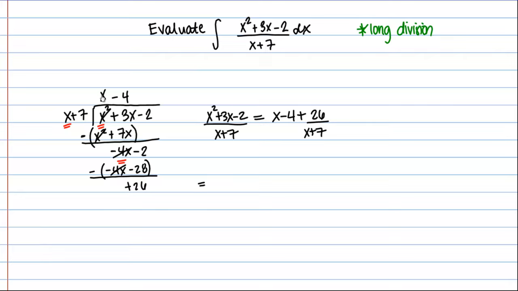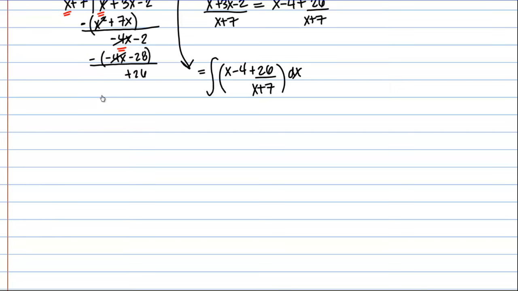So I can say that my integral from before is equal to the integral of x minus 4 plus 26 over x plus 7. And that is something that I can evaluate pretty straightforwardly. So the antiderivative of x, of course, is just 1/2 x squared. And then I have a minus 4x.